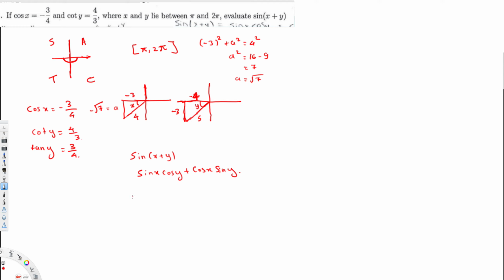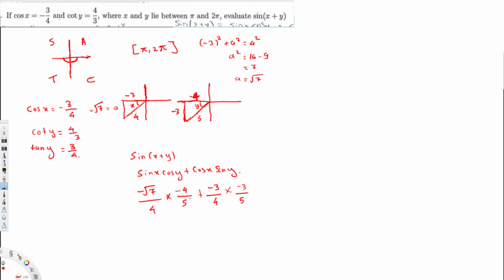Opposite is minus root 7 over hypotenuse 4, and cos y is going to be adjacent over hypotenuse, which is minus 4 over 5. Then we have plus cos x. Cos x is adjacent over hypotenuse, minus 3 over 4, and we have sin y. Sin y is opposite over hypotenuse, it's going to be minus 3 over 5.